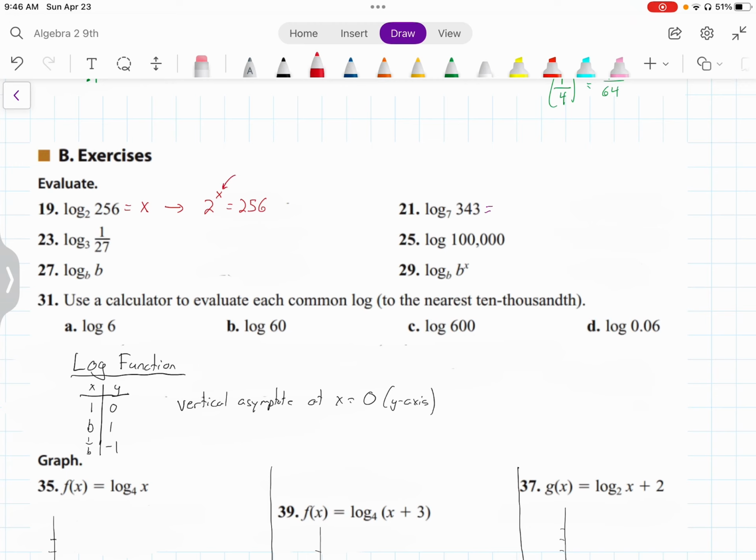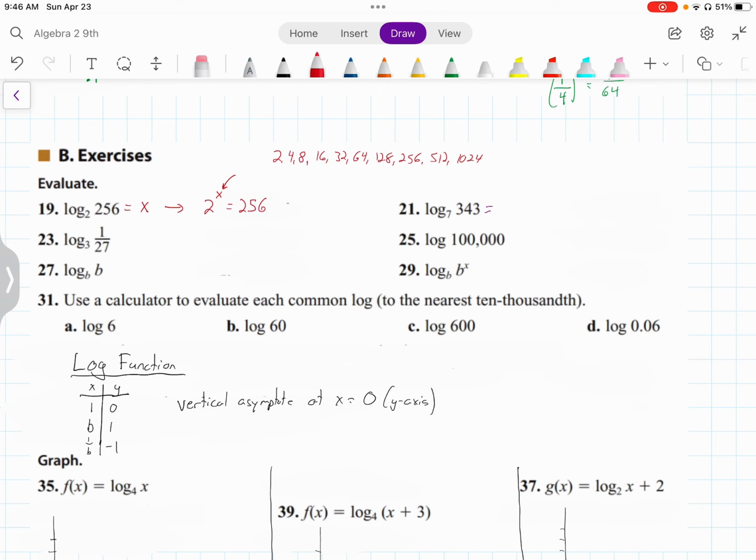I think I've been telling you for a while now, it's good to know your powers of 2. 2 to the first is 2, 2 squared is 4. So you just keep doubling: 8, 16, 32, 64, 128. Here's our number 256, 512, and 1024.